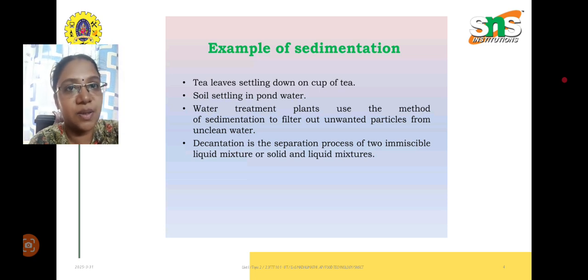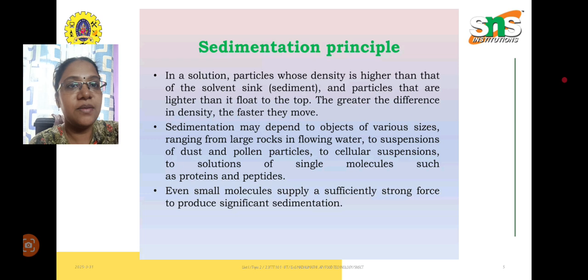The principle behind sedimentation is that, in a solution, particles whose density is higher than that of the solvent sink, and the particles that are lighter will float on the top. This is the basic principle behind it. The greater the difference in density, the faster they will move and settle down.